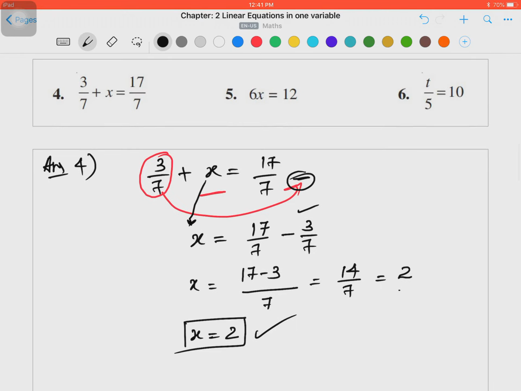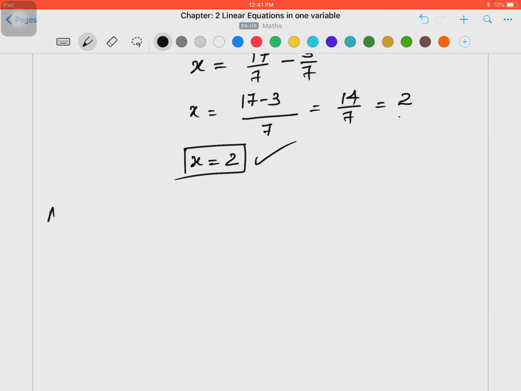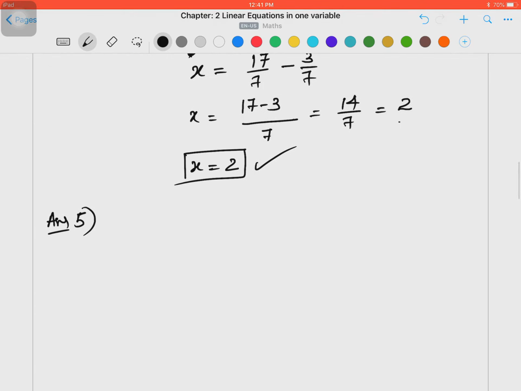Next one, we have 6x equals to 12. Question number 5 is 6x equals to 12. This is a very simple question. You can see here we have only one variable term and one non-variable term, which are already on different sides of the equality sign. Now this 6x is actually multiplication of 6 and x, while on the other side we have 12.